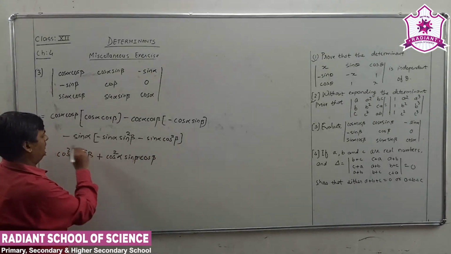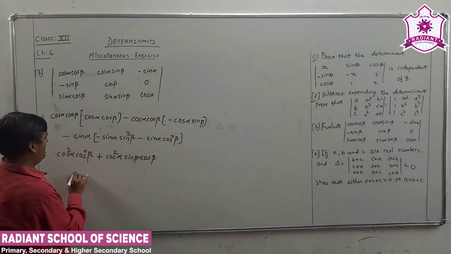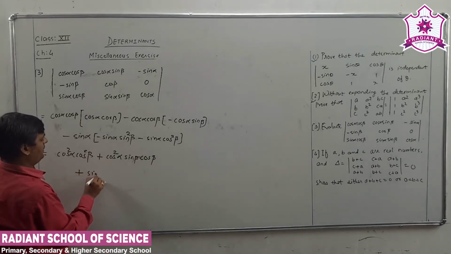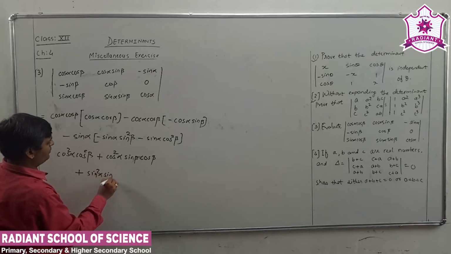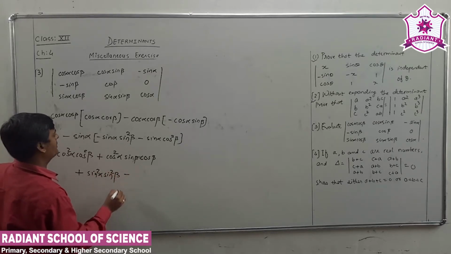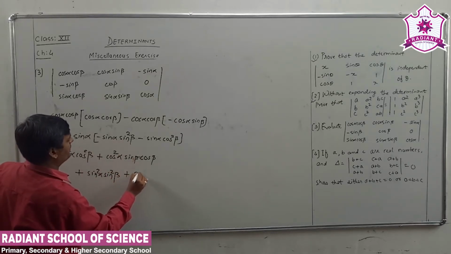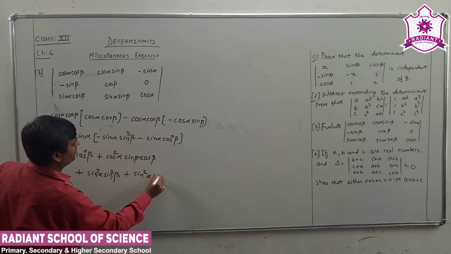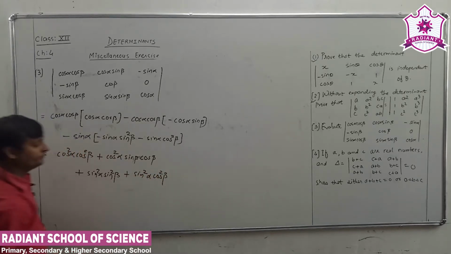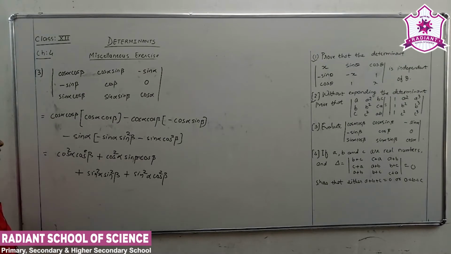Again this one is okay. So minus minus plus sin square alpha into sin square beta, minus again minus minus plus sin square alpha into cos square beta. Understand? Right?